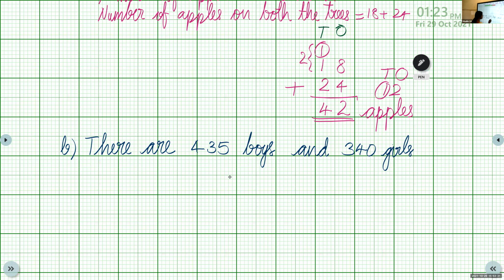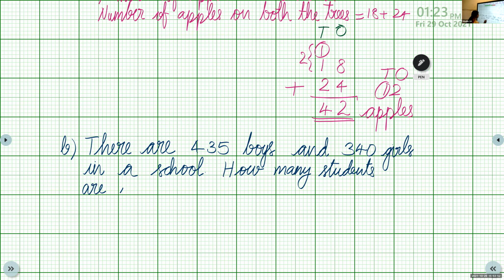How many students are there all together in this school?